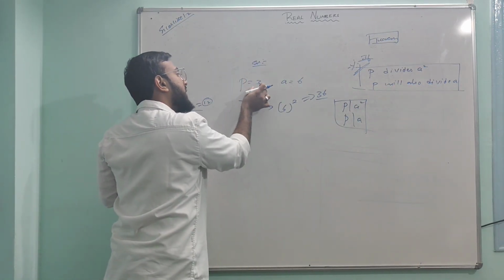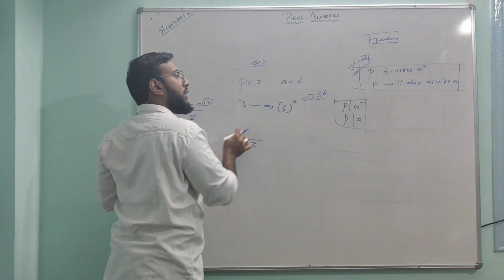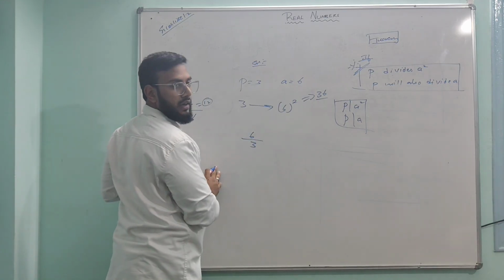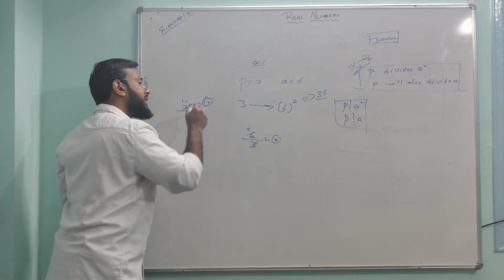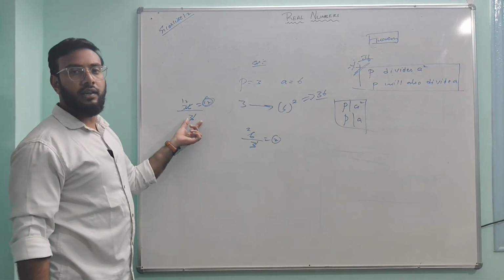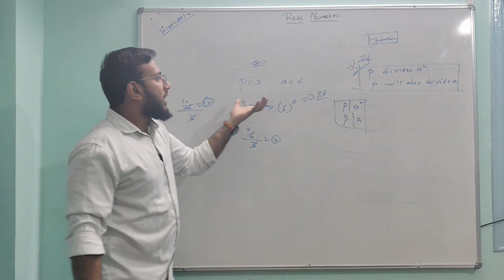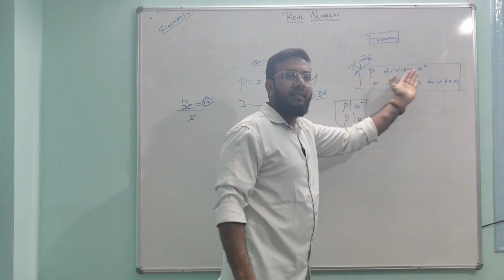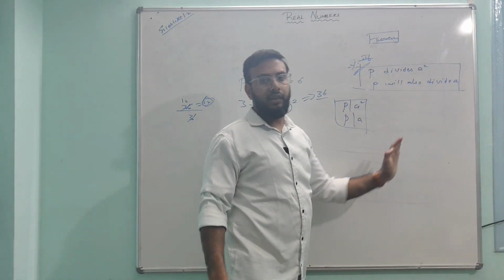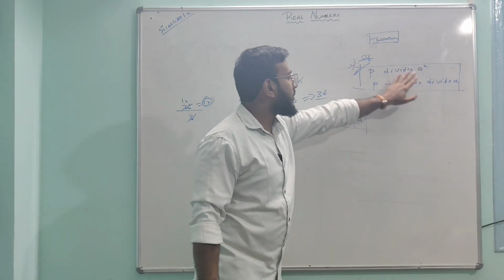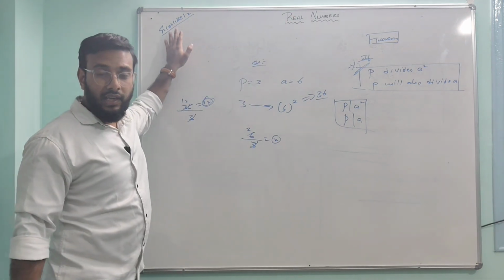This number p will also divide this number a. 3 1s are 3, 3 2s are 6. You can see it is getting divided. In simple language, if p divides a square, then p will also divide a. This is a simple thing we will be using for the irrationality.